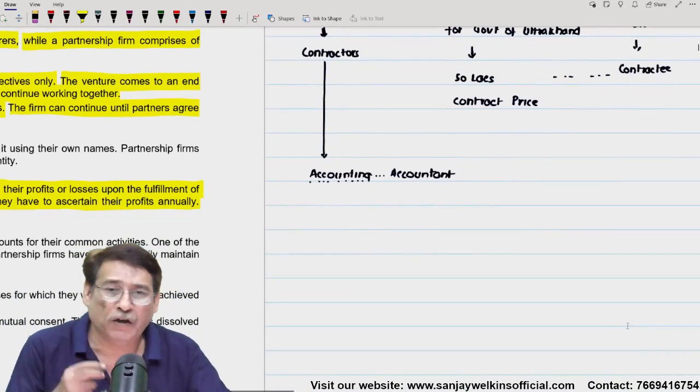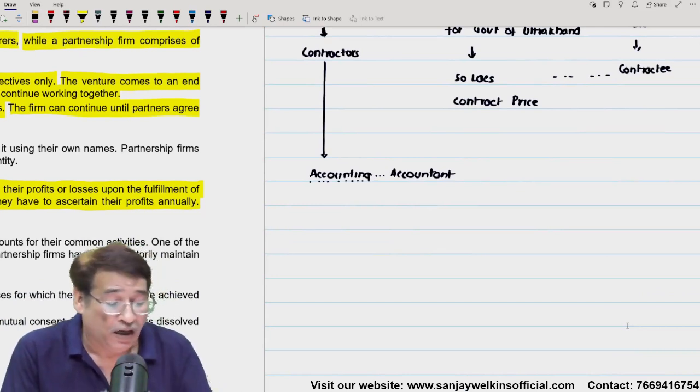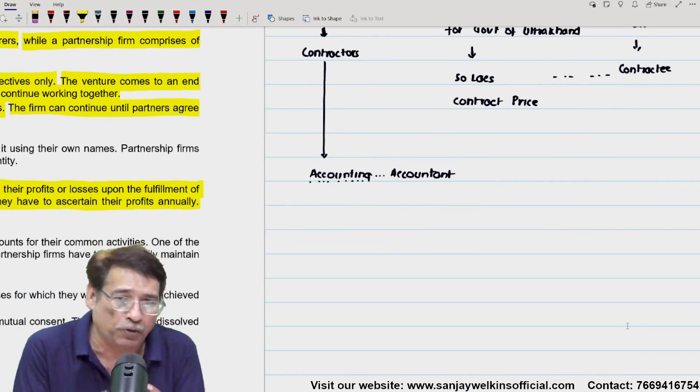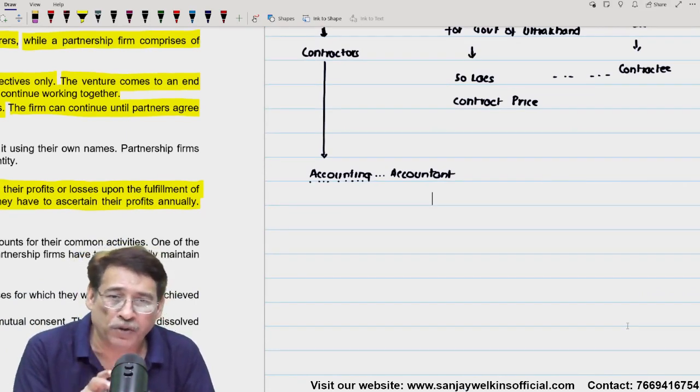Generally under this method, what happens? A and B will initially contribute some amount. Correct?